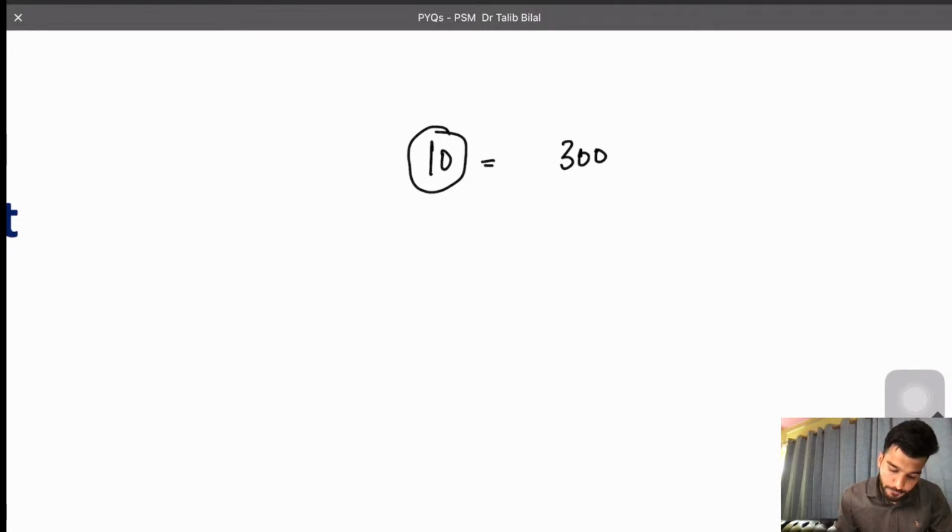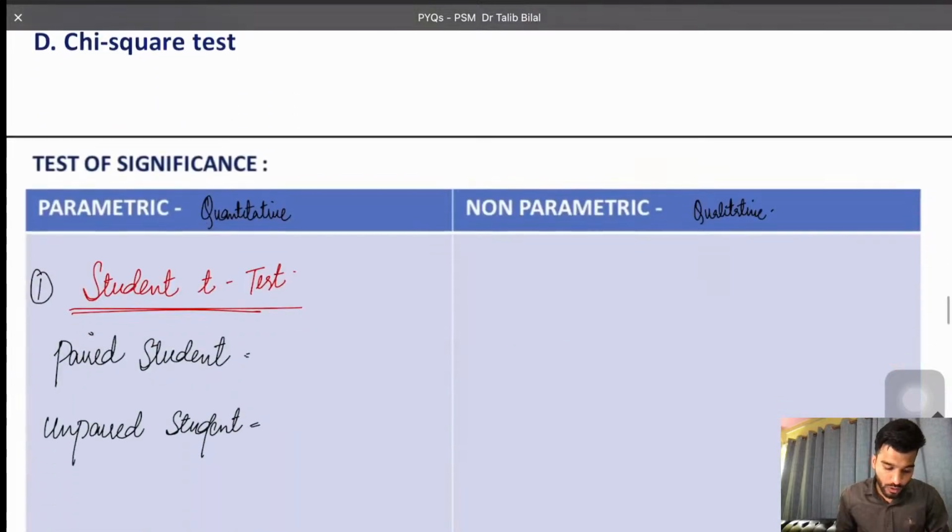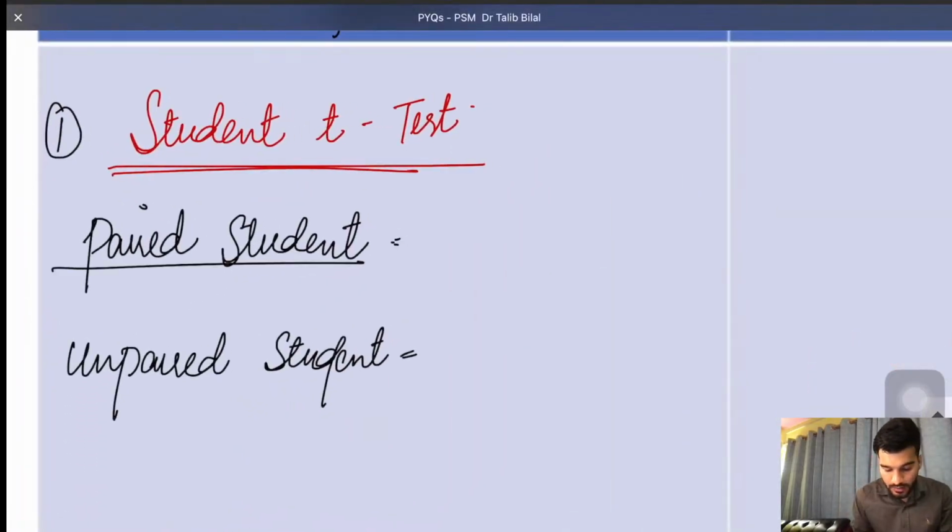Before starting the drug therapy, I'm checking the blood cholesterol levels in these 10 patients, and after starting the hypolipidemic, I'm again checking the cholesterol levels in the same 10 people. That means before and after the intervention, there is the same group. At that time, the test you are going to use is the paired student t test.